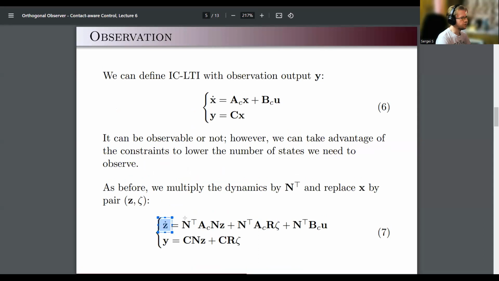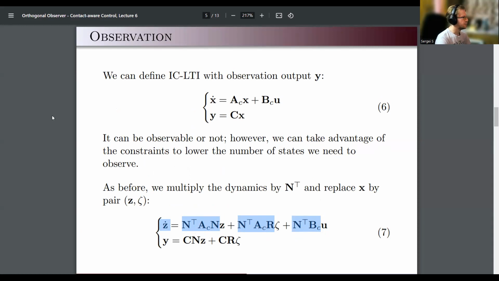So z dot equals N A N z plus N A R zeta plus N B u.